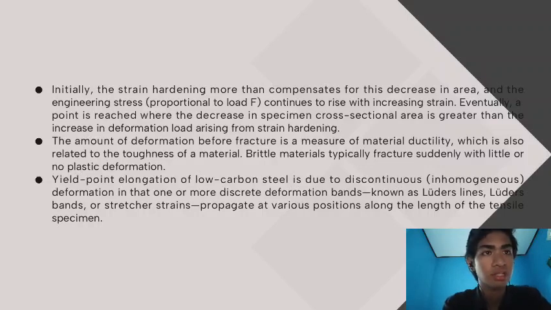The reduction in area of a broken specimen is determined by measuring the dimension of the neck-down region at the fracture, and comparing that cross-sectional area to the original cross-section.